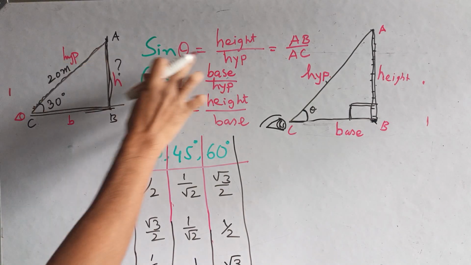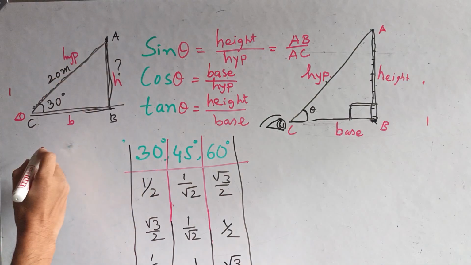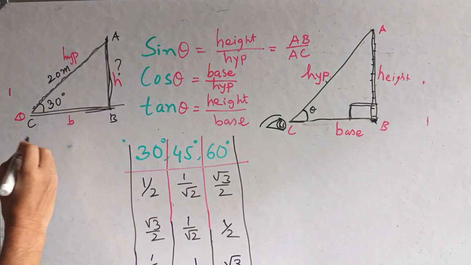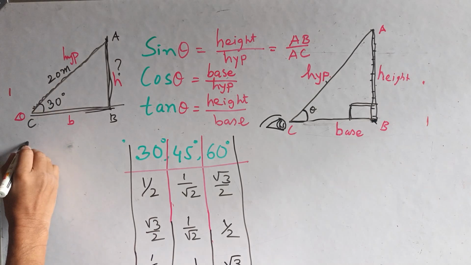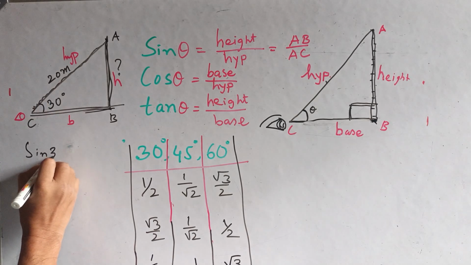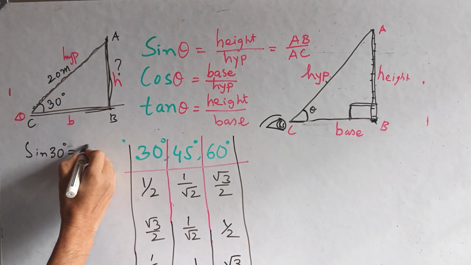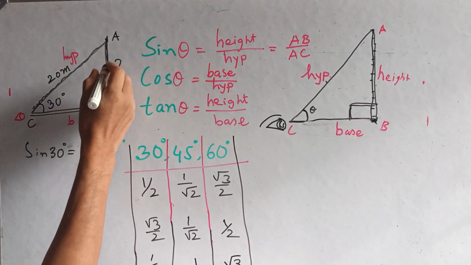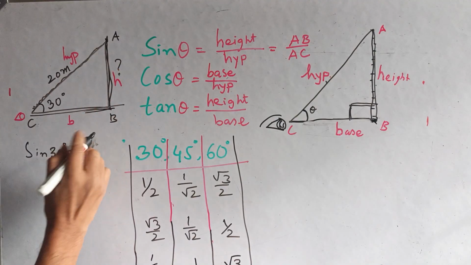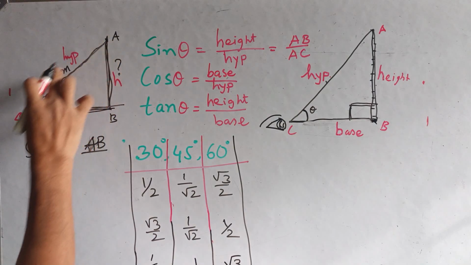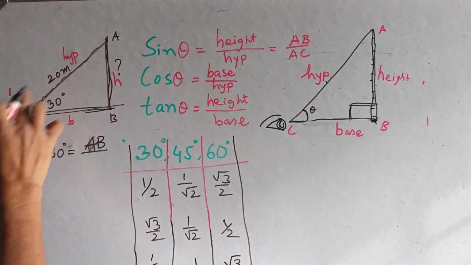Height by hypotenuse is sine theta. So now you write sine 30 degrees, height h, or you can write AB, whatever you are comfortable with, by AC.